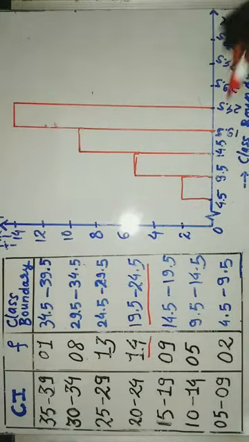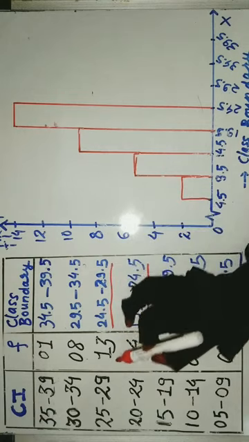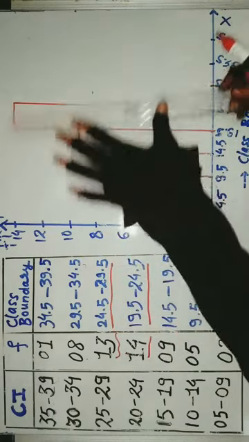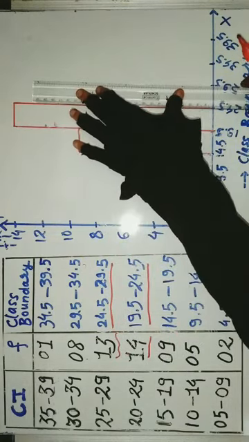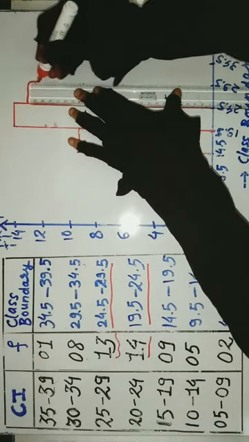Look at this, these are rectangles of equal width and lengths are different according to the frequencies. Now our next class boundary is 24.5 to 29.5, and its frequency is 30. So at the middle of 12 and 14 is our rectangle.